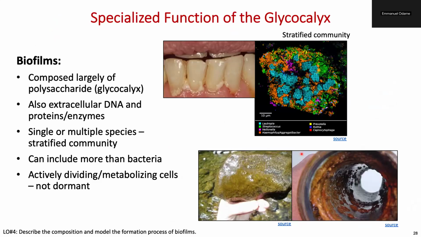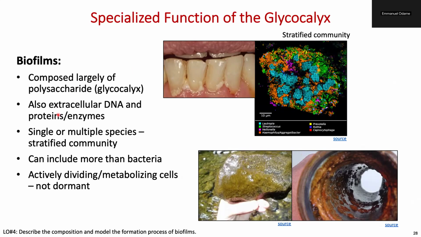Then we also have some specialized function of this glycocalyx, which is biofilms. So now we've moved from bacteria forming external structures like flagellum to bacteria secreting things to protect themselves.